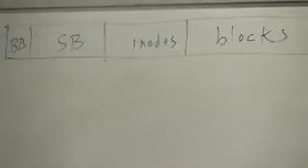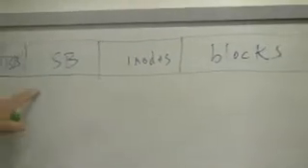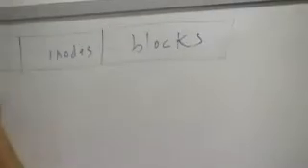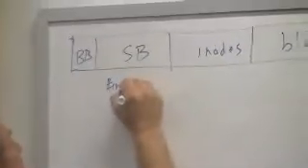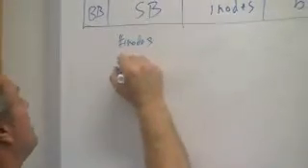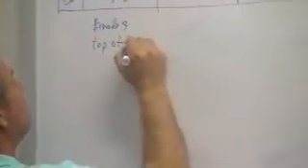All right? And so, what is the constituency of the superblock? Does anybody remember? Sure. So it's got the number of inodes. Okay, it's got maybe the top of the inode list, and the list itself.